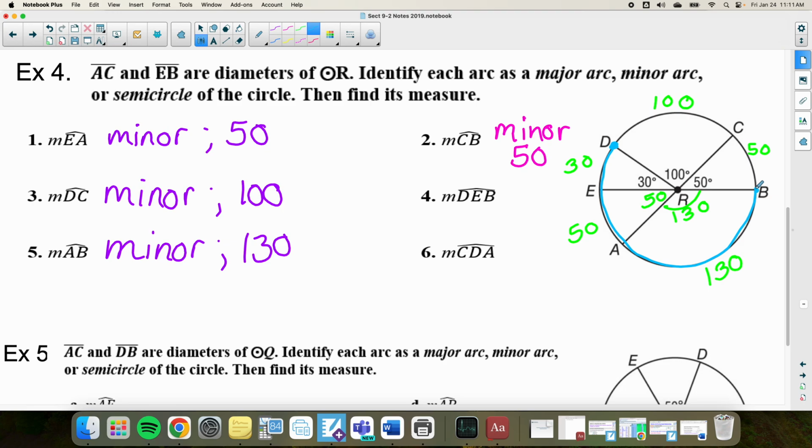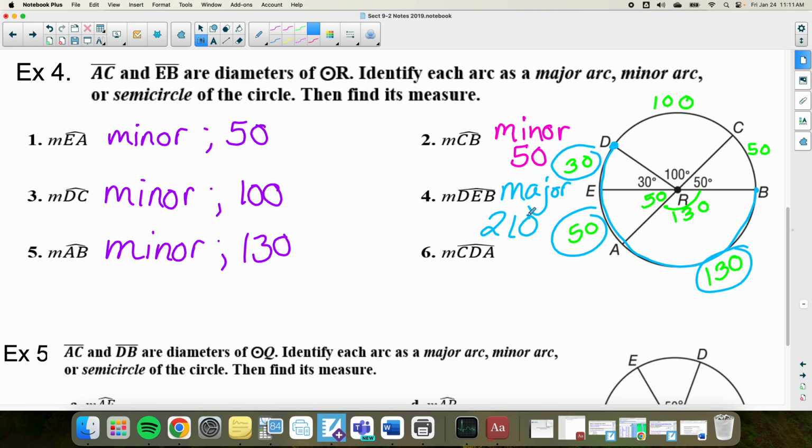Greater, so it is major. Major is greater than 180. Very good, major. Now, to do this, you could just add 30 plus 50 plus 130, and that would be 180 plus 30, which is 210, okay?